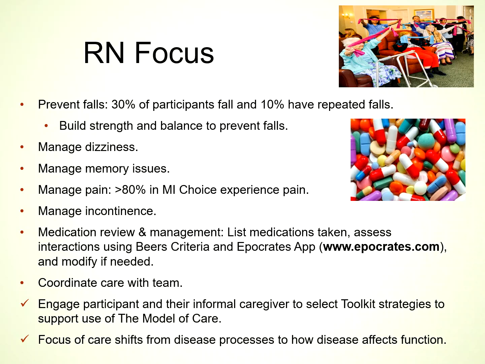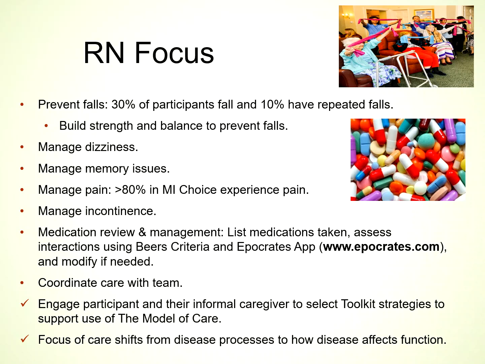RNs also manage incontinence and also focus on medication review and management, listing the medications taken, assessing interactions using the Beers criteria and via the Hippocrates app, and then modifying the medications with the PCP or a specialist as needed.